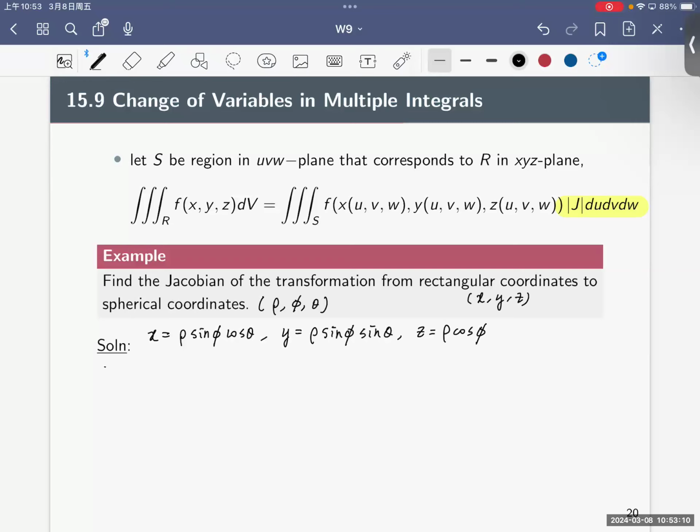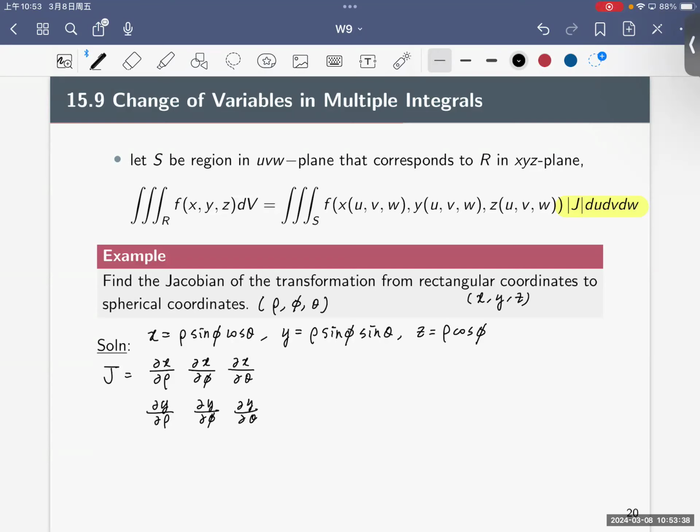For the Jacobian, I put the partial derivatives of x in the first row: partial x partial rho, partial x partial phi, partial x partial theta. Second row, everything of y: partial y partial rho, partial y partial phi, partial y partial theta.